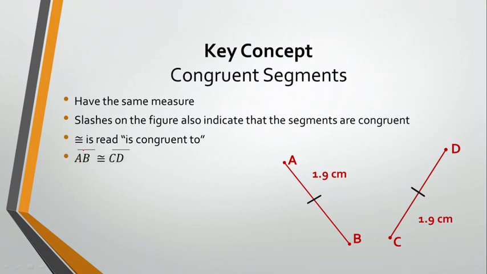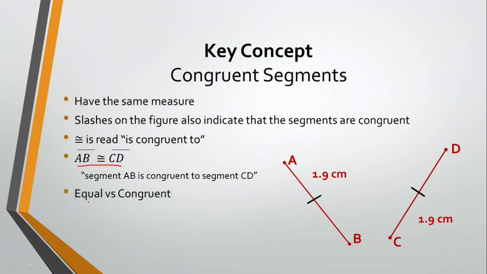Here's the statement, segment AB, the congruent symbol, and segment CD. This is read, segment AB is congruent to segment CD. Writing this is a lot shorter than writing this whole thing. Geometry is all about shorthand, and it is very important that you learn the symbols.